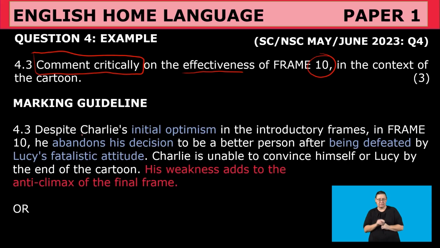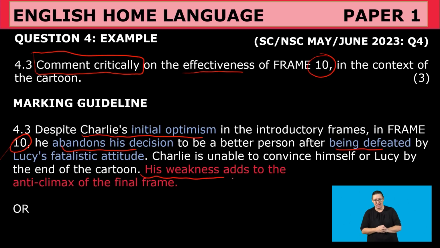So in this cartoon, Charlie is very optimistic. An easy way is to say what happens at the beginning of the cartoon and then what happens at the end and link those two together. So because Lucy is so negative in frame 10, he abandons his decision. He is defeated by her fatalistic attitude.